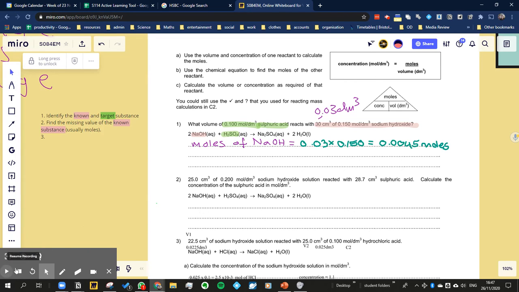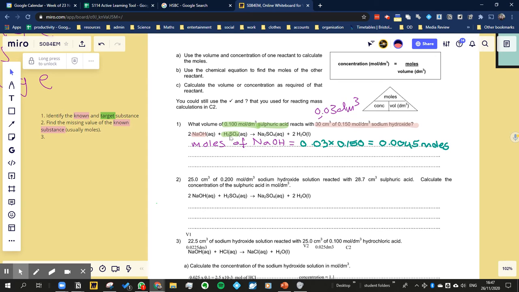Okay. So we've found the moles of the known substance, and I've just started to identify these stages here. The first stage was to identify the known and the target substance. The known one was this sodium hydroxide. It's known because we have quite a lot of information about it. We have less information about that one, and we actually need to find out information about this one. So this is my target substance here, and I've highlighted them in the formula as well.